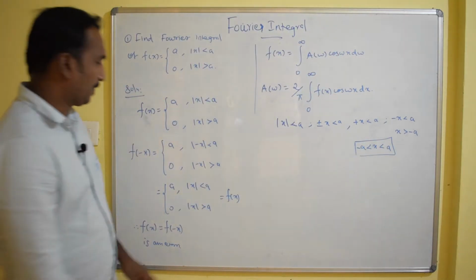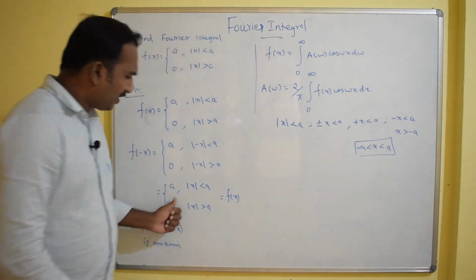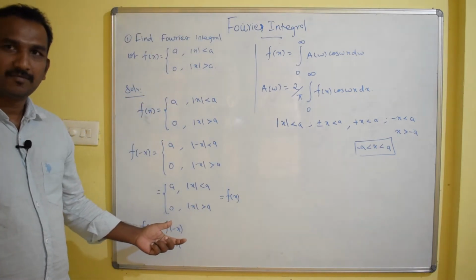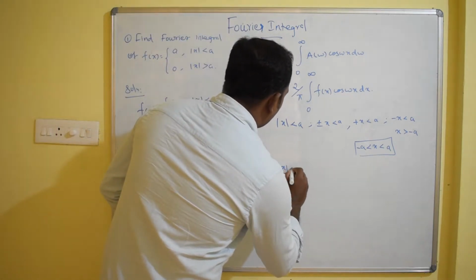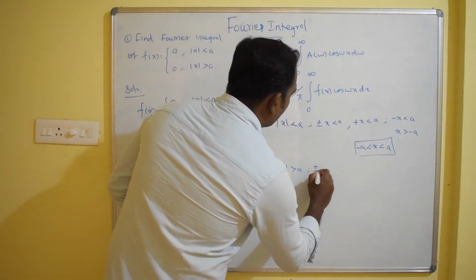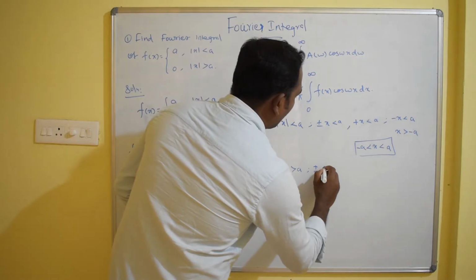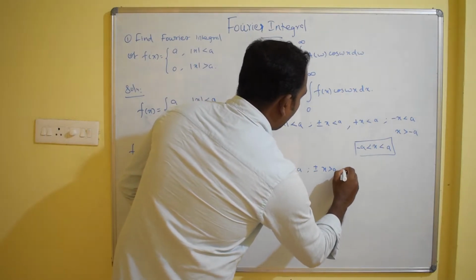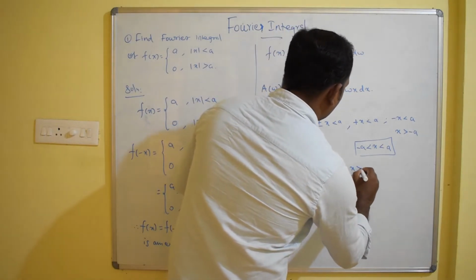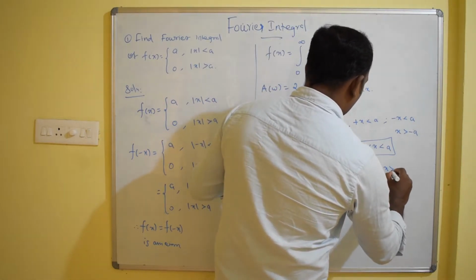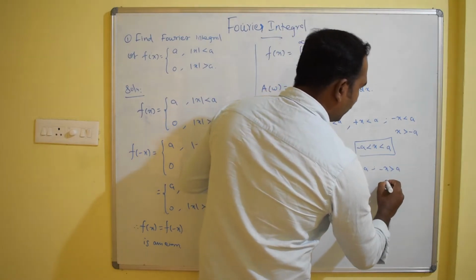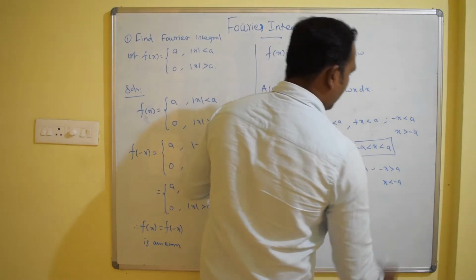Similarly, there is no need to find the second since the function is 0, but anyhow we will find the limit. Modulus of x is greater than a, as usual plus or minus x is greater than a. One value is x greater than a, and the other is negative x greater than a, so this will become x less than negative a.